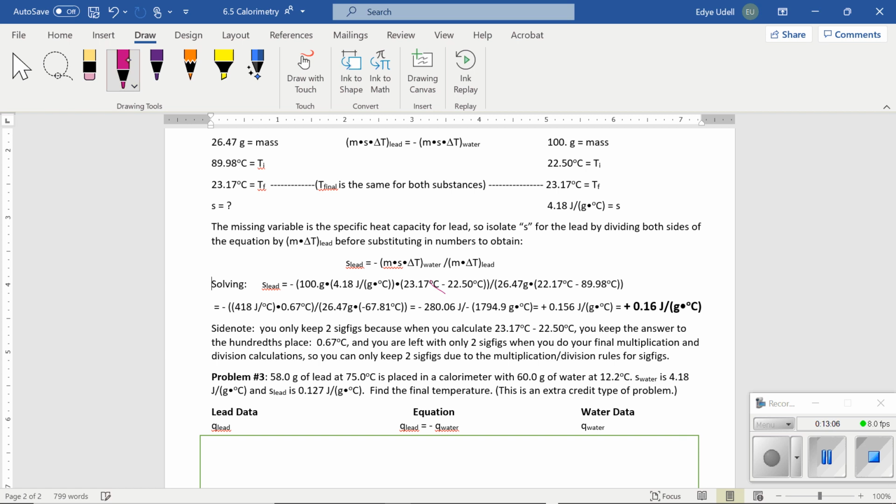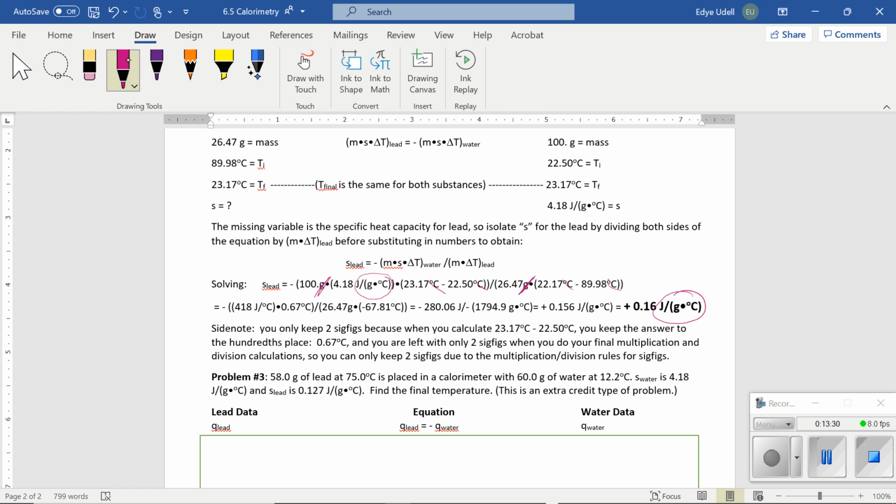So I can cancel out these with these. And notice on the left side in the numerator, I've got grams and grams. So I can cancel those grams with those grams. And that's all I can cancel. So I end up with these units at the end.